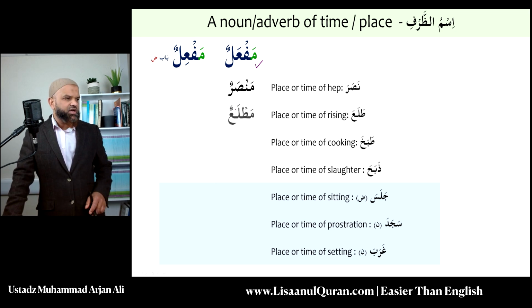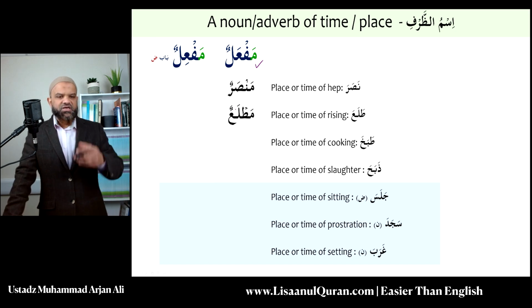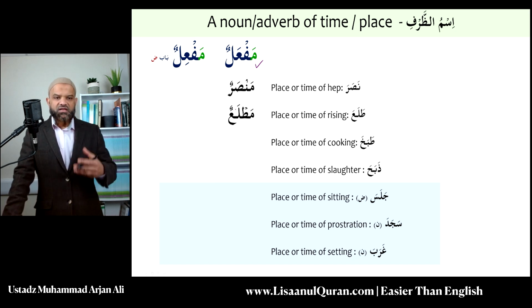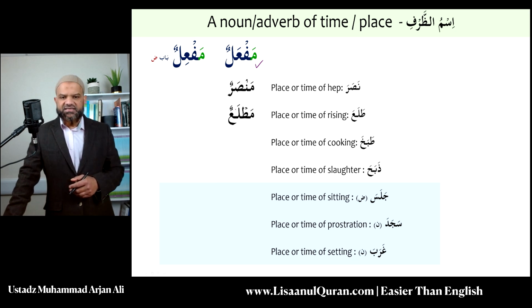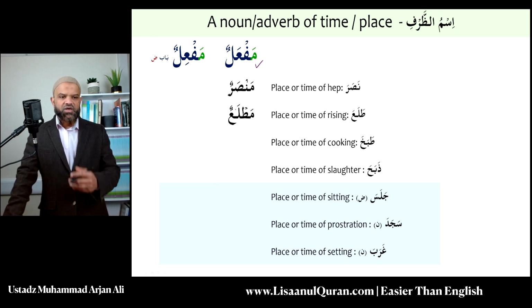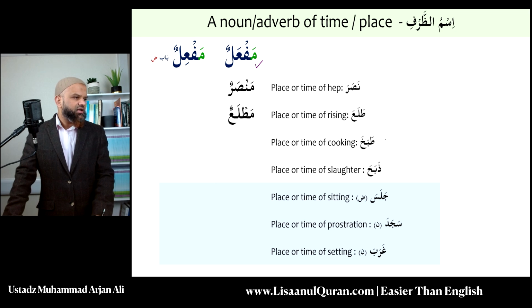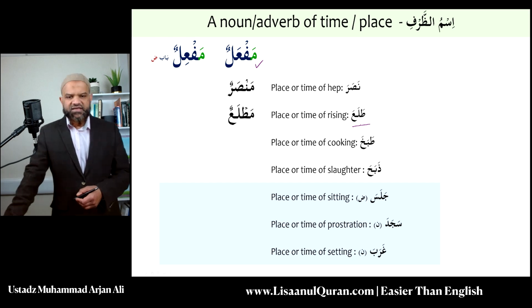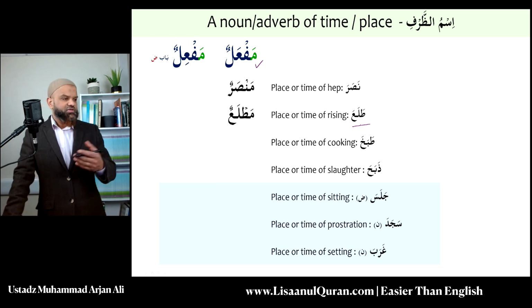Then we have the next one, the time or place of rising, the rising of the sun, for example. Matla'un. Again, you can see exactly the same pattern as maf'alun. And then the root letters are tala'a. Again, I'm using a few more different words for you just to give you practice on the fact that it follows all the way through with different root letters.